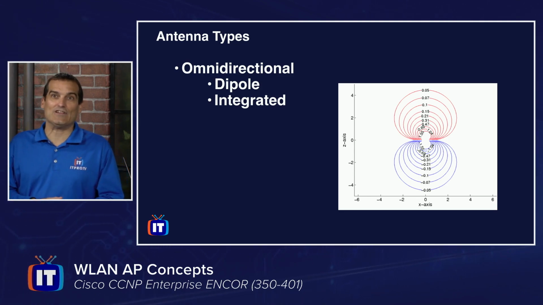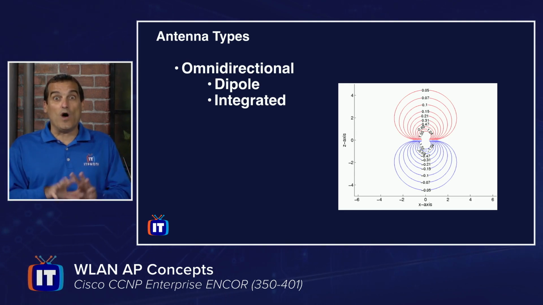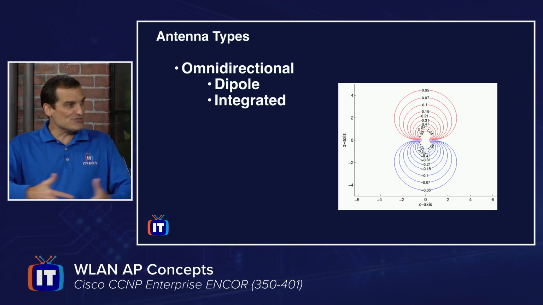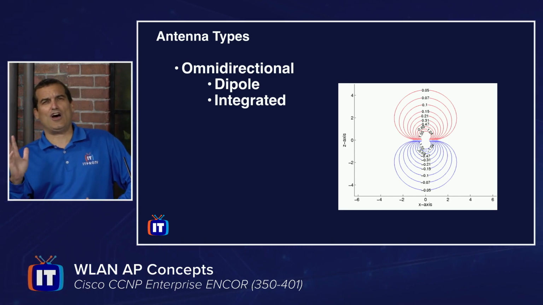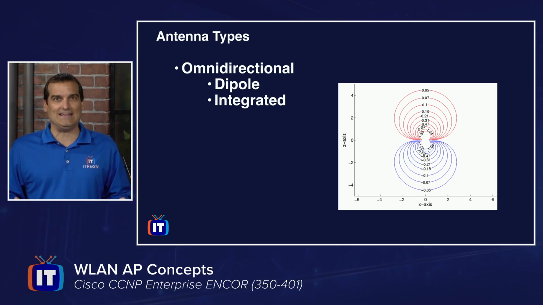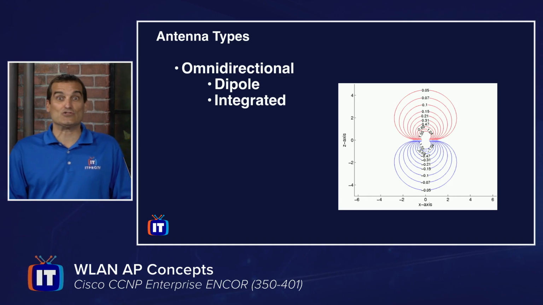You can see I have a little diagram there showing what that coverage looks like, and it's trying its best to give us that full 360 degrees of coverage. And of course, there's horizontal versus vertical and the 3D way to see the coverage, but you get the idea. With the dipole and the integrated omnidirectional, we're trying to spread the love all around.